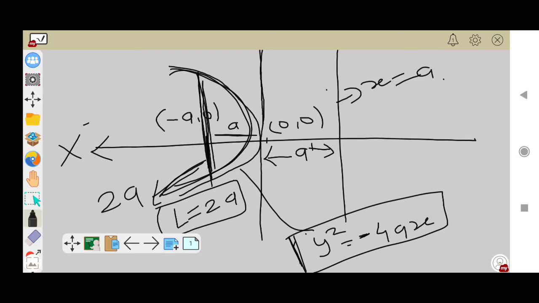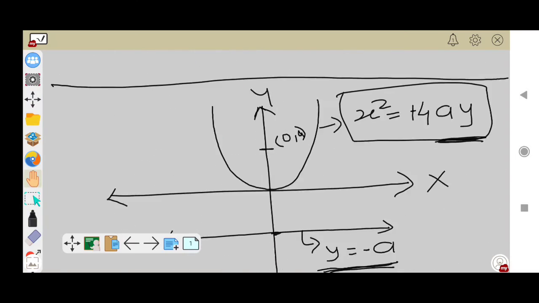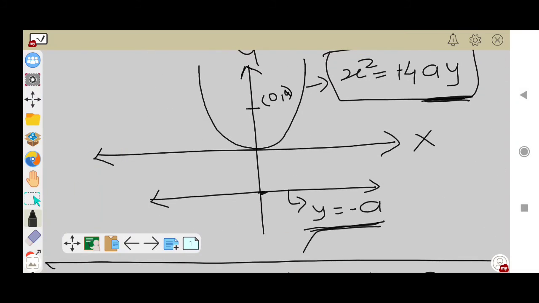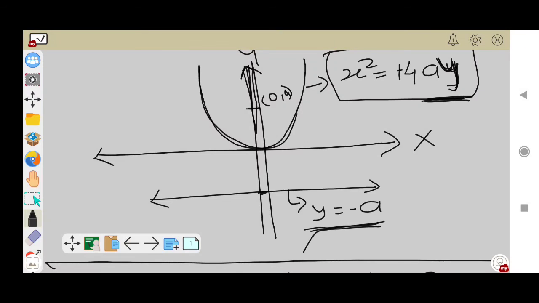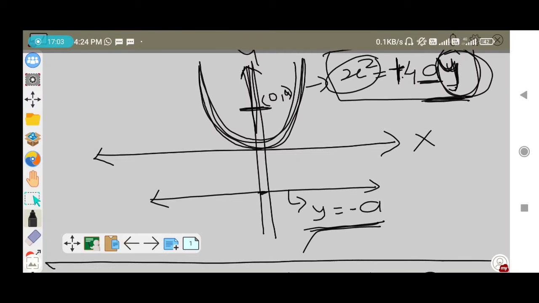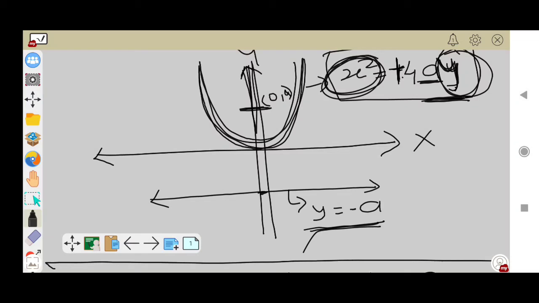This is easier to understand. 4 into 12 upon 4, x. That is 3. So we can write 4 into 3 into x. This is y square. Now isn't it in the form of y square is equal to 4ax? This is the equation of the parabola.